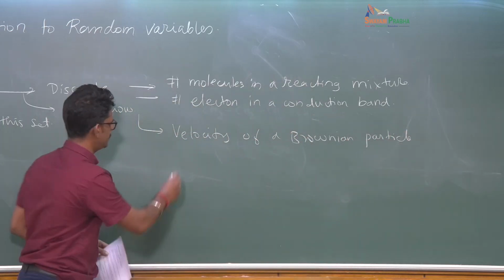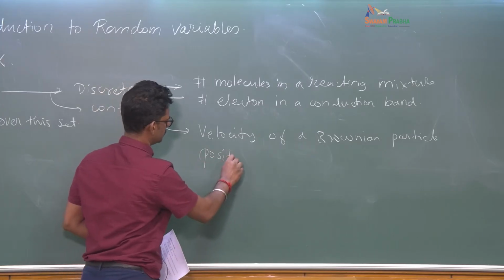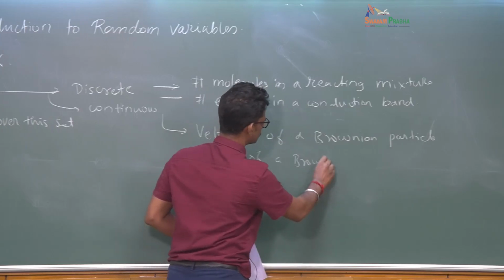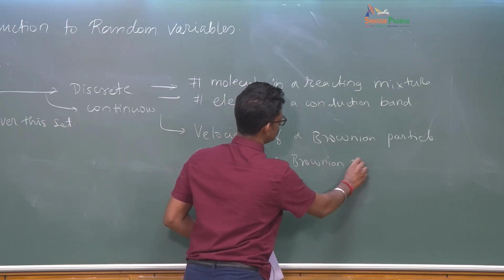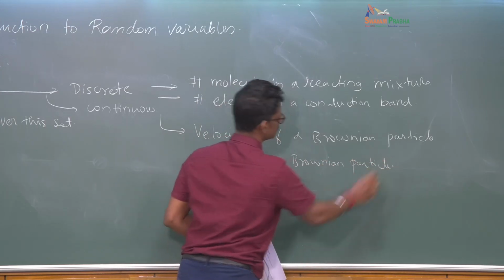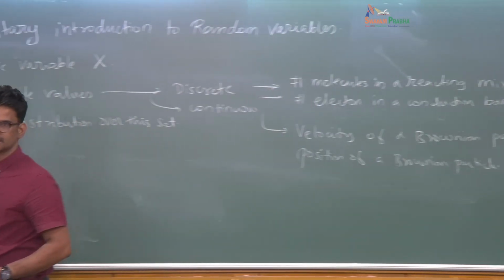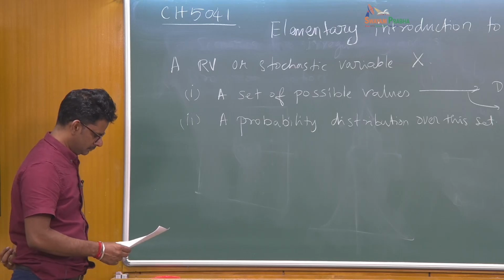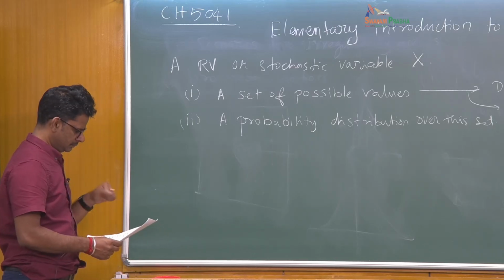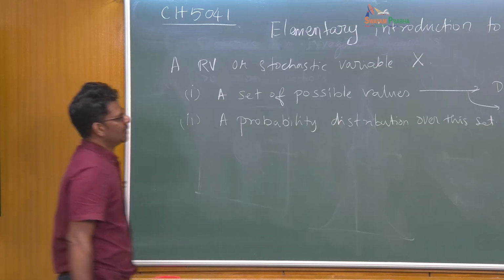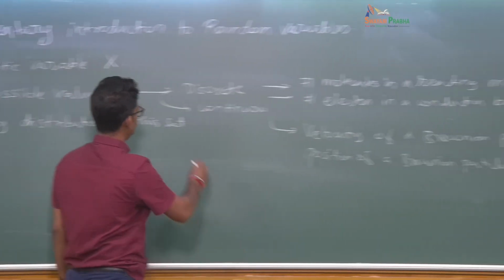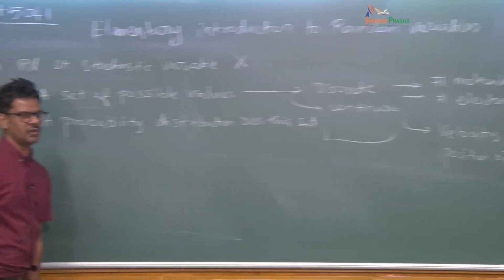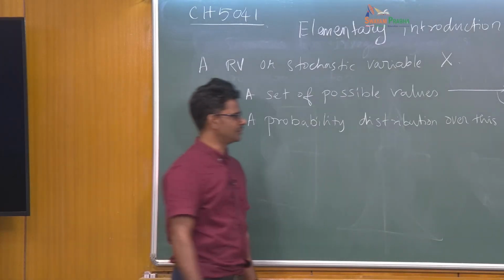Or it can be a position of a Brownian particle. And we can also say that these can be multidimensional. This set need not be single dimensional, it can be multidimensional also.